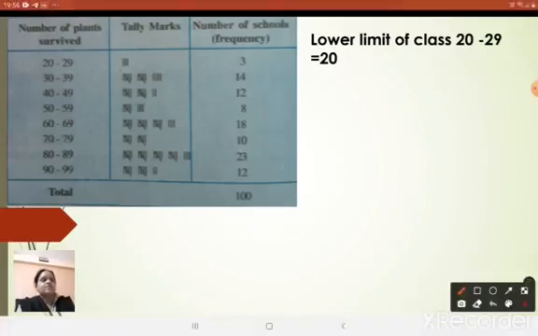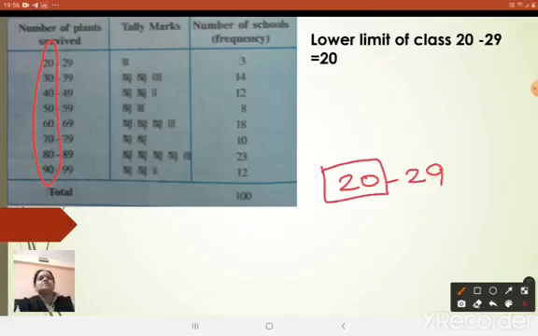In this table, in the class, the first value is called the lower limit. That means if you consider the class as 20 to 29, the first value is called the lower limit. If I consider 60 to 69, in this case the first value 60 is called what? The lower limit of that class.